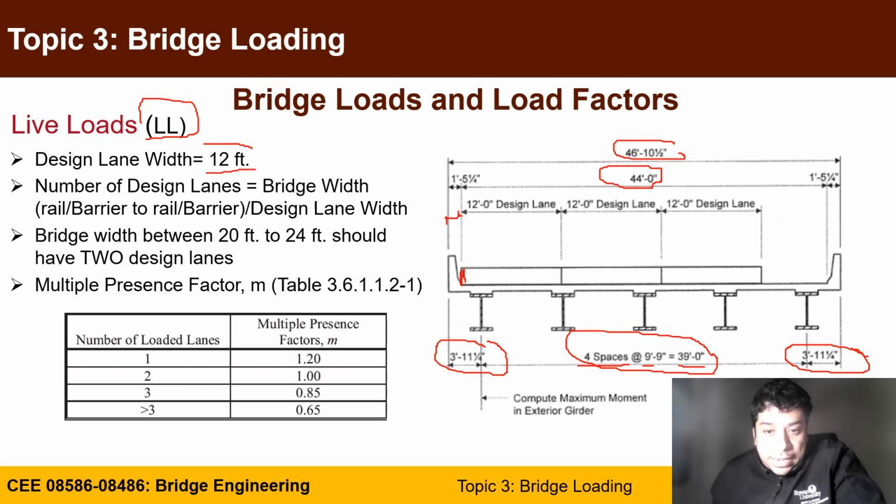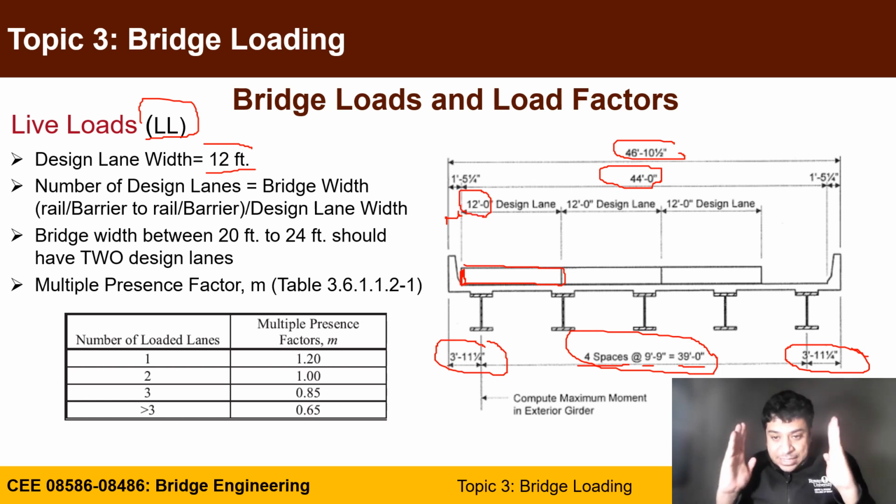Starting from the edge of the barrier or the rail, you have to find what's called your design lane, and its width should be 12 feet.